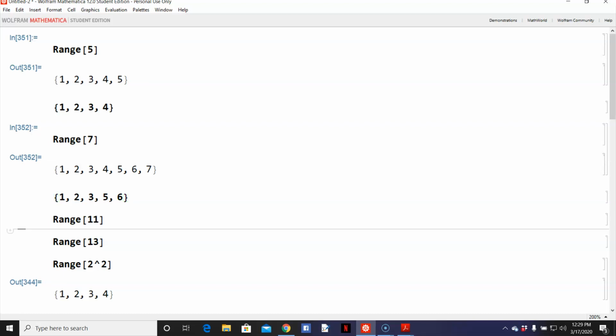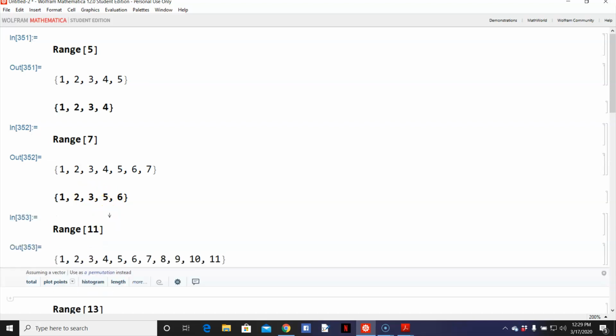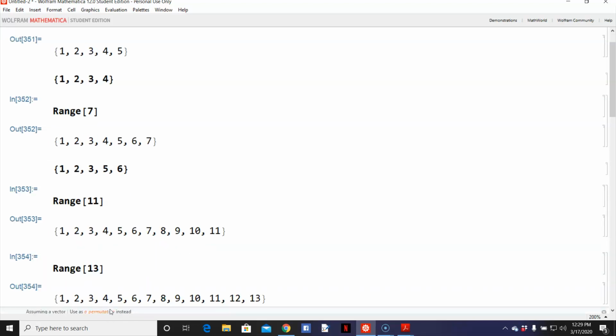All right, well, this pattern continues. If I take 11, which is prime. Again, any number strictly less than 11 has to be relatively prime, so I get 1 through 10. And likewise, if I do 13, anything strictly less than 13 will be relatively prime, namely 1 through 12.